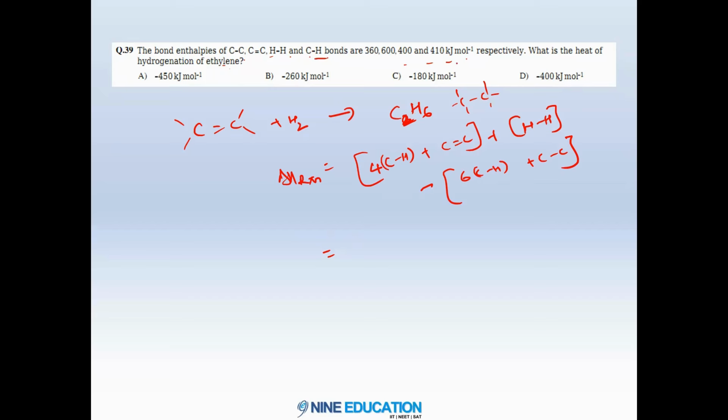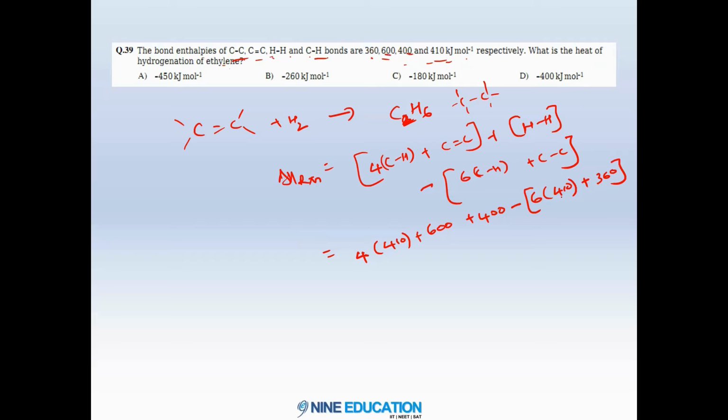So C-H bond is 410. So 4 times 410 here plus C double bond C, be careful with the data. If you copy it wrong, everything will go away. So hydrogen data is the third one, 400, minus 6 times C-H, 6 times 410, plus 1 times C-C, so C-C is 360.